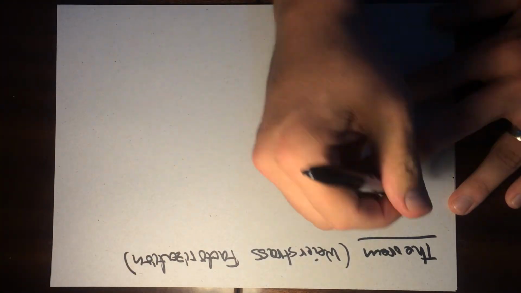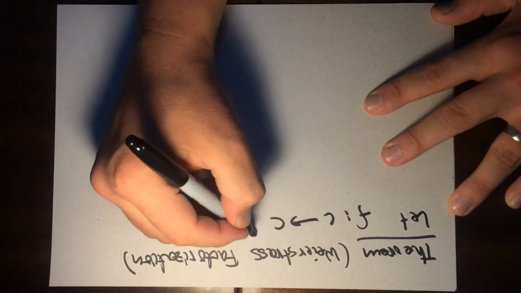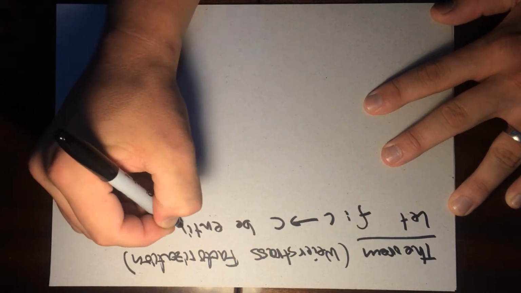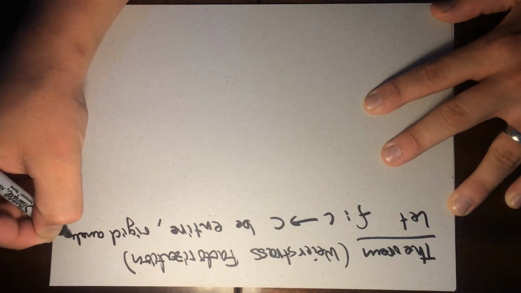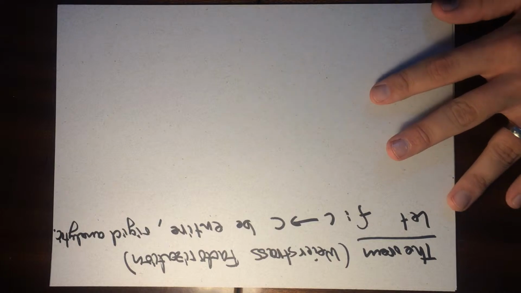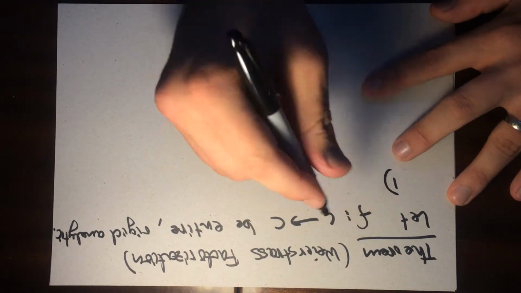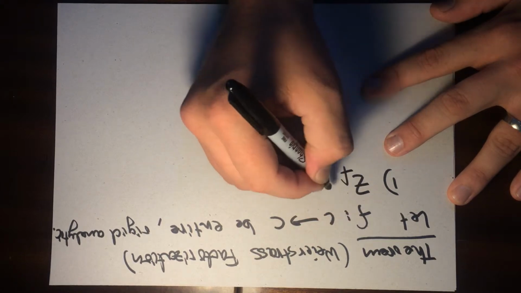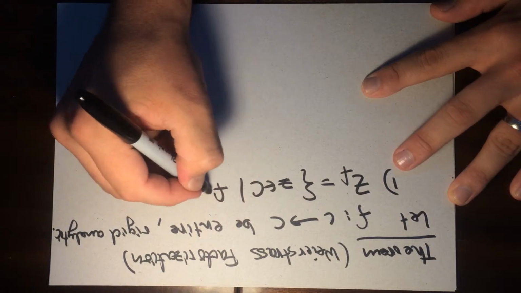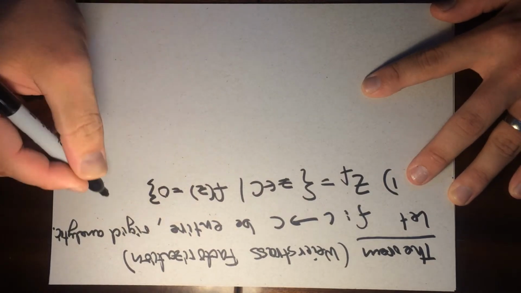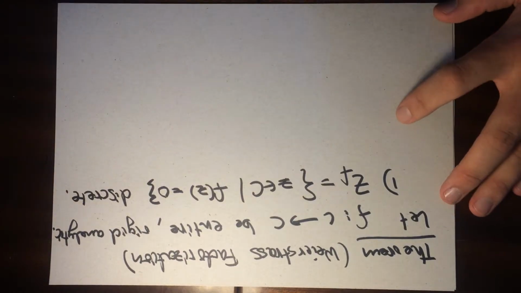Let f from C to C be entire, rigid analytic. Then, first, the zeros, the set of z in C such that f of z is equal to 0, are discrete. So they can be separated by balls.